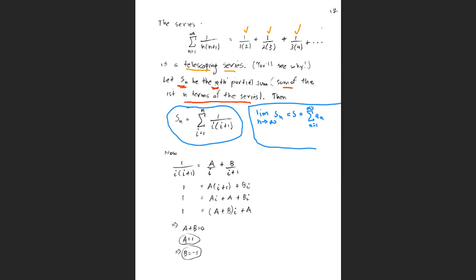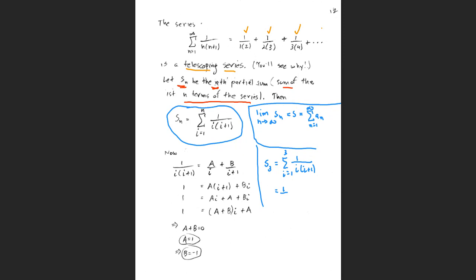For instance, s sub 3 would be the sum from i equals 1 to 3 of 1 over i times i plus 1.